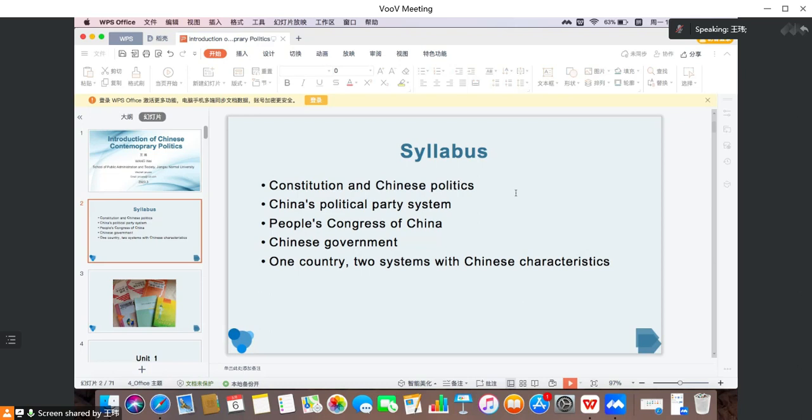I don't know what your opinions are about the Chinese party system. In our classroom, some of our students think maybe there's just one party. We call it CPC. Yes, it's our ruling party, right? But frankly, there are other 8 parties.